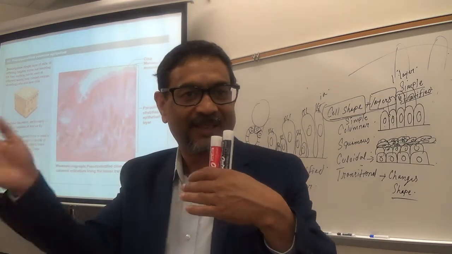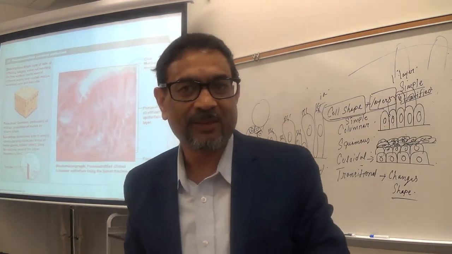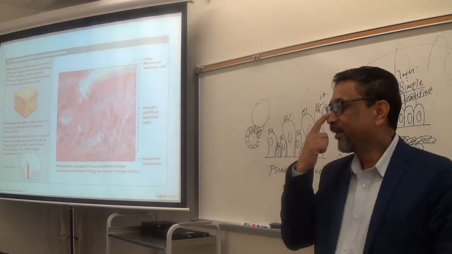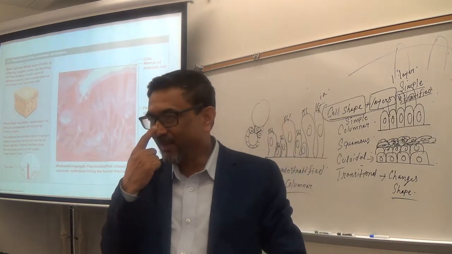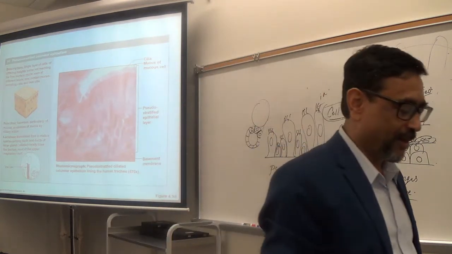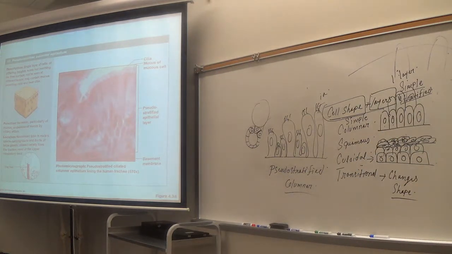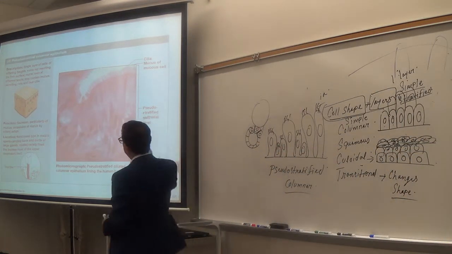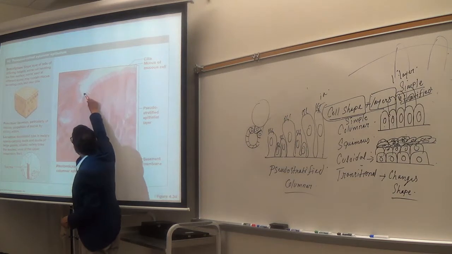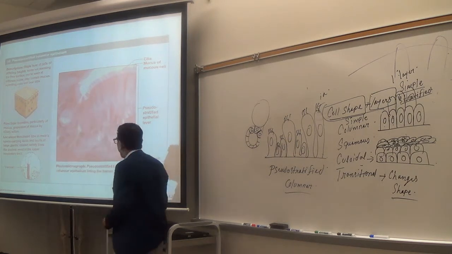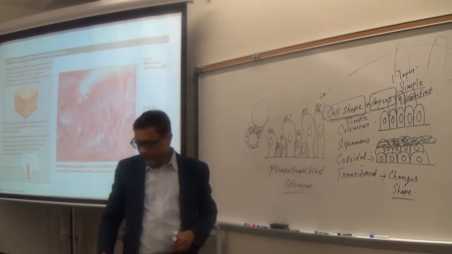Mucus is being secreted, clearing it. Make sense? So just think that where you need cilia, you need inside the nasal cavity, inside the trachea and upper respiratory tract. Okay. So you see here, these are cilia. Okay. And mucus is secreted like here and cleaned up.